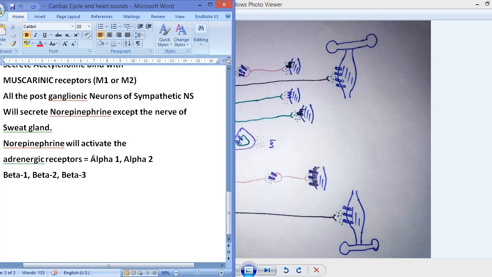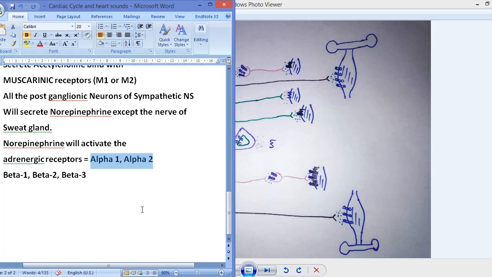So the alpha 1, alpha 2, beta 1, beta 2, beta 3 are the adrenergic receptors, which are activated by the epinephrine or norepinephrine.